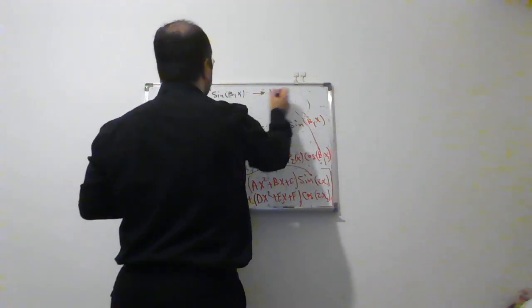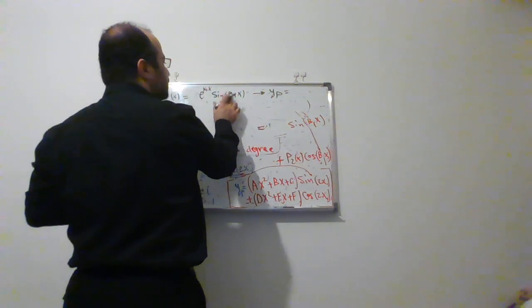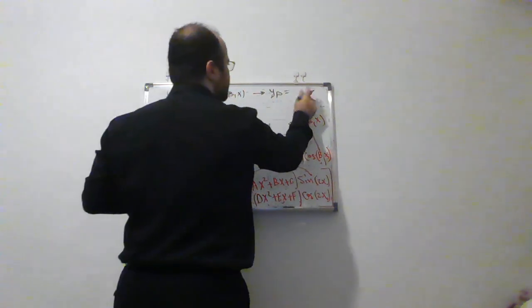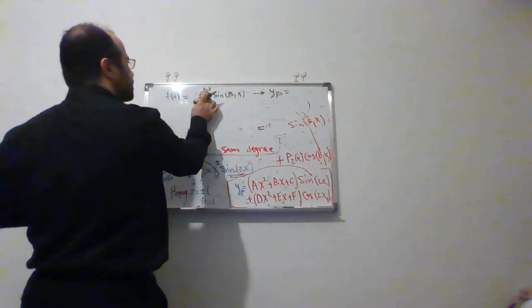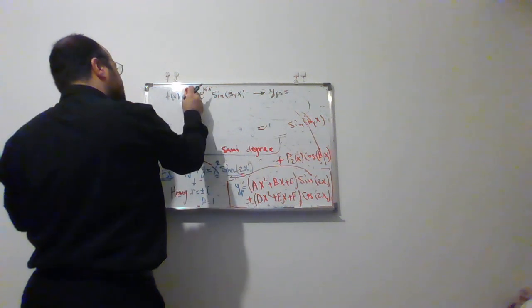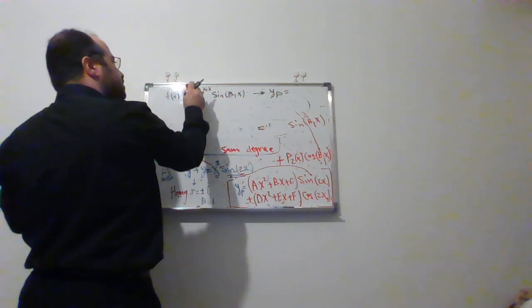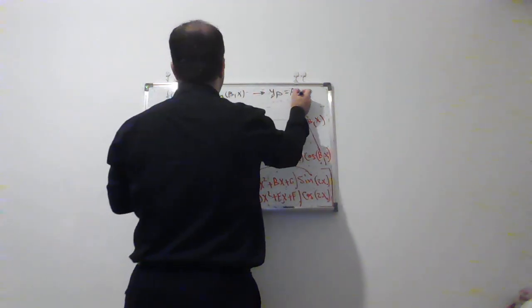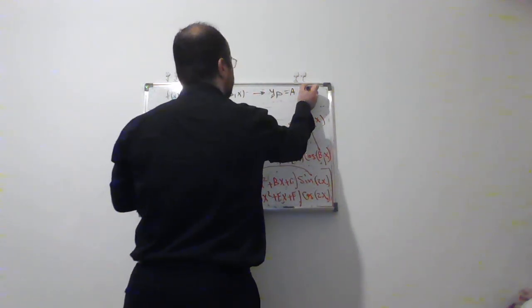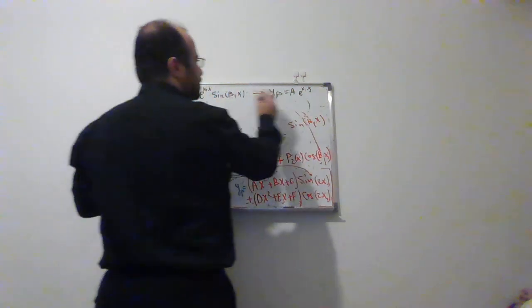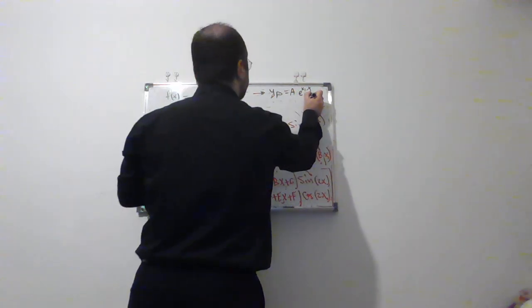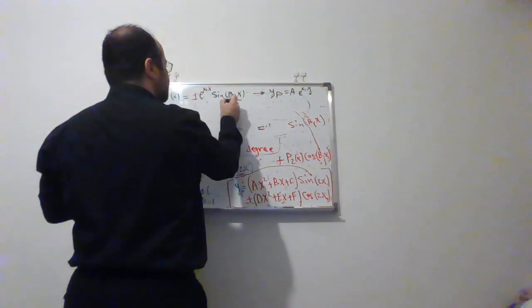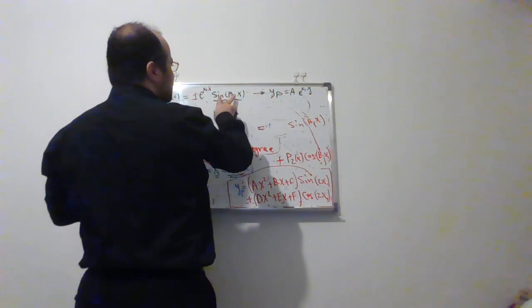Then y particular will be, now you don't change the sine, you don't change the cosine, but there is a coefficient which is 1 here. You just need to change the coefficient. So you're going to have something like a e^(k1x). I'm not changing this. So the sine now.